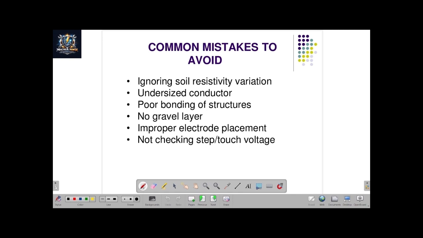Undersized earthing conductor, poor bonding of structures, no gravel layer, improper electrode placement, not checking the step and touch voltages. These are the common mistakes we commit during the earthing design.